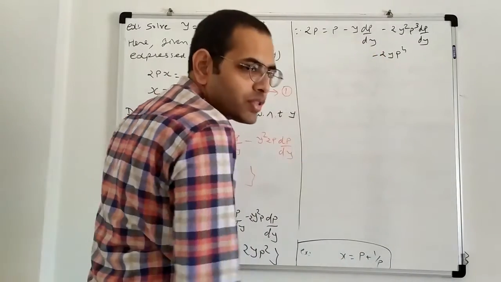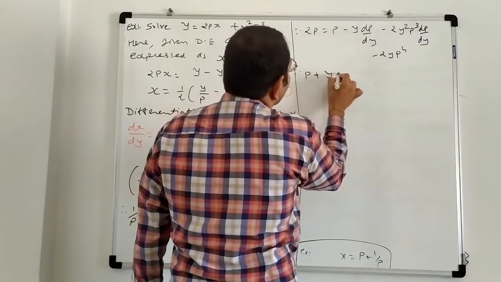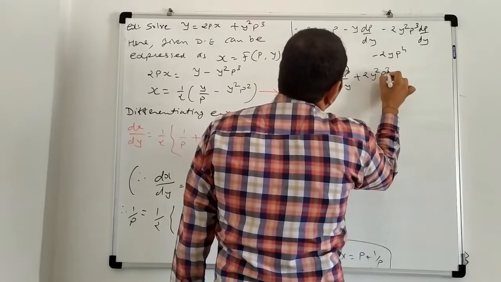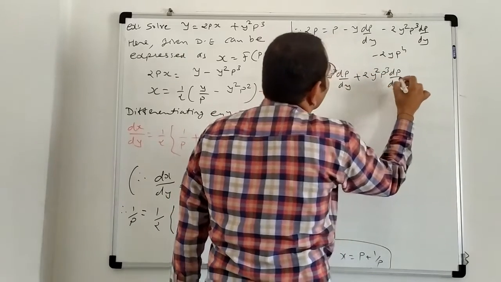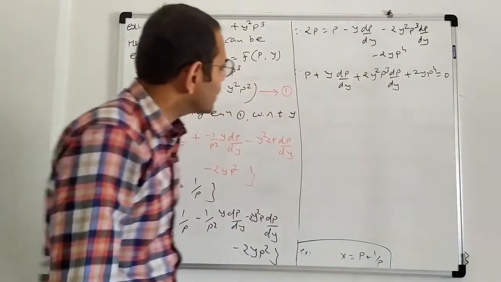All the terms come to this side, 2p minus p, then we get p plus y dp by dy plus 2y square p cube dp by dy plus 2y p raised to 4 equal to 0.